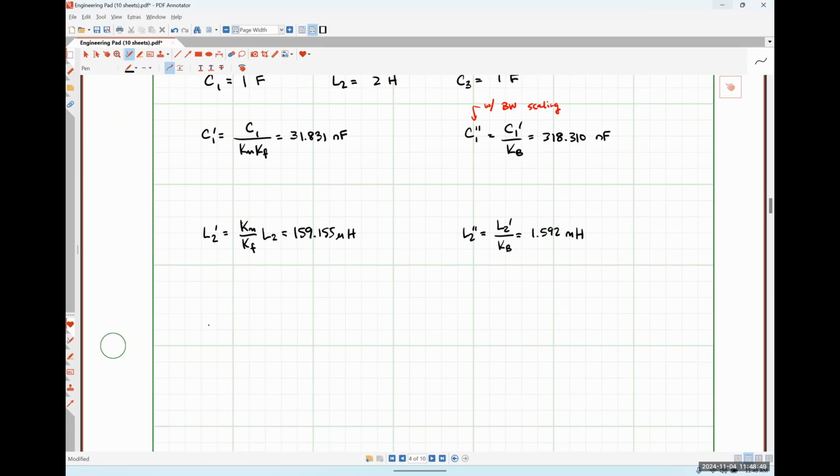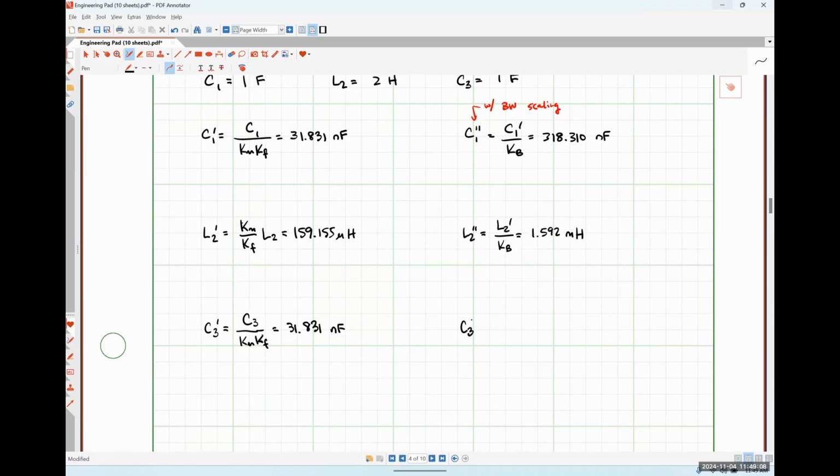And then lastly here, we would have C3 prime would be C3 over KM KF. And plugging in these numbers, I would get that same 31.831 nanofarads.